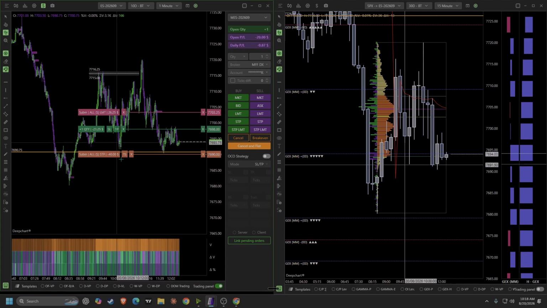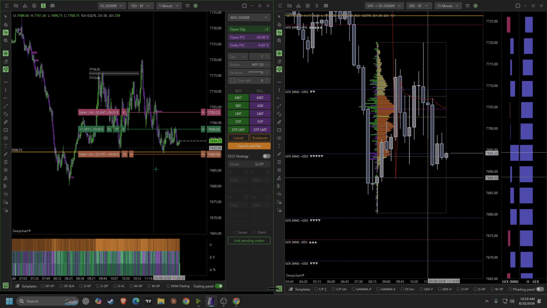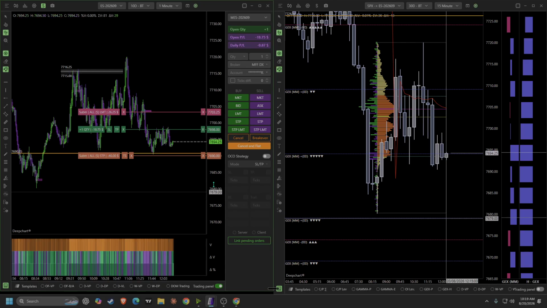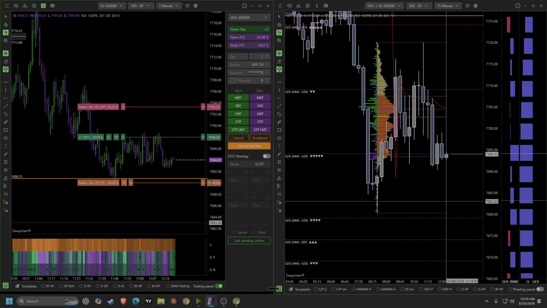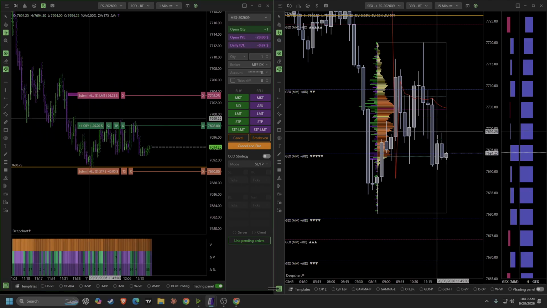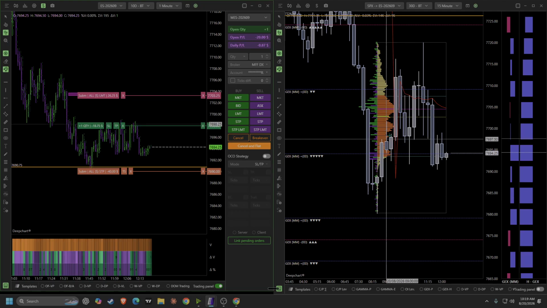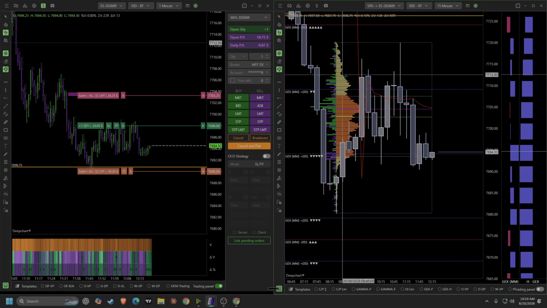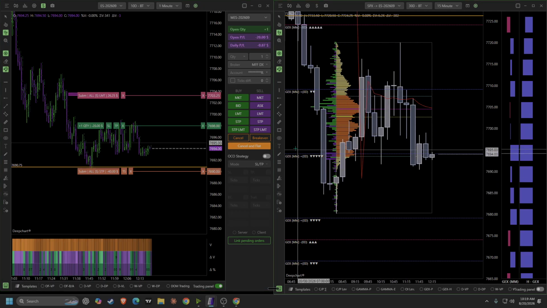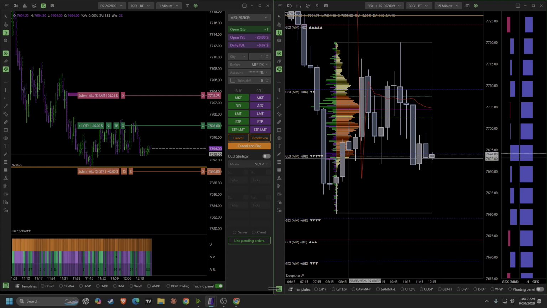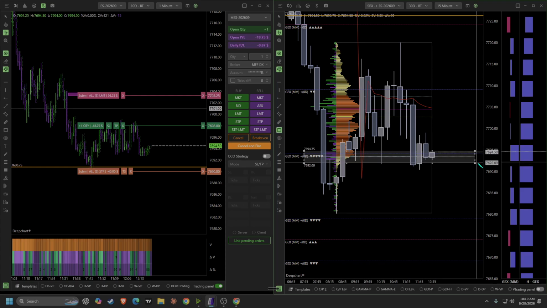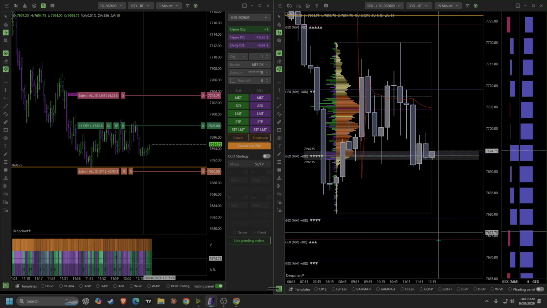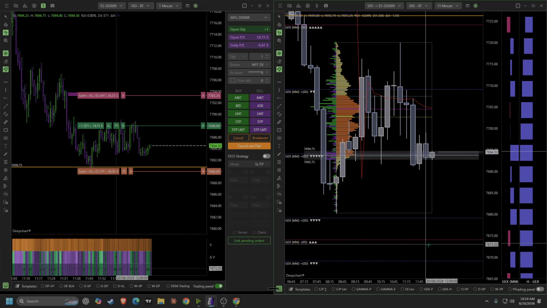Essentially we're just breaking the highs and lows of this range. Now we're kind of in the middle, so there's a lot of indecision here. We're at the bottom of the distribution for this swing high, swing low. And you can see on the 15-minute that we got lots of selling pressure down here, but price is not going lower.